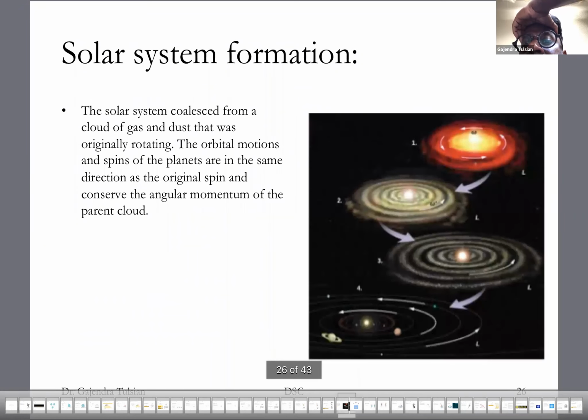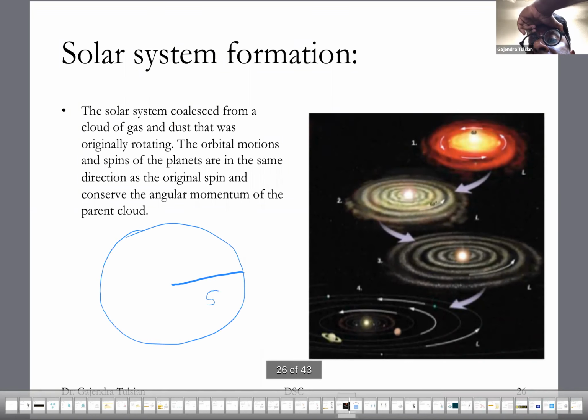Here's another application of it. This is with regard to the solar system formation. Our solar system formed from a cloud that was about 5,000 astronomical units across, where 1 astronomical unit is the Earth-Sun distance.